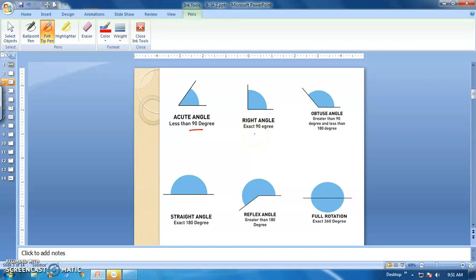Less than 180 degrees is an obtuse angle, exactly 180 degrees is a straight angle, and more than 180 degrees is a reflex angle. The angle which completes a full revolution is called full rotation, that is a 360 degree angle. You already know that.